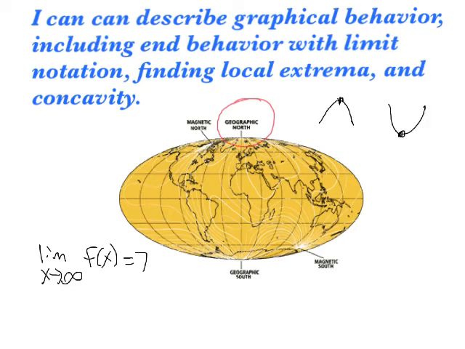You should be able to describe concavity, so you have concave up or concave down. And then, though it's not listed here, we should also be able to identify intervals where it's increasing or decreasing.